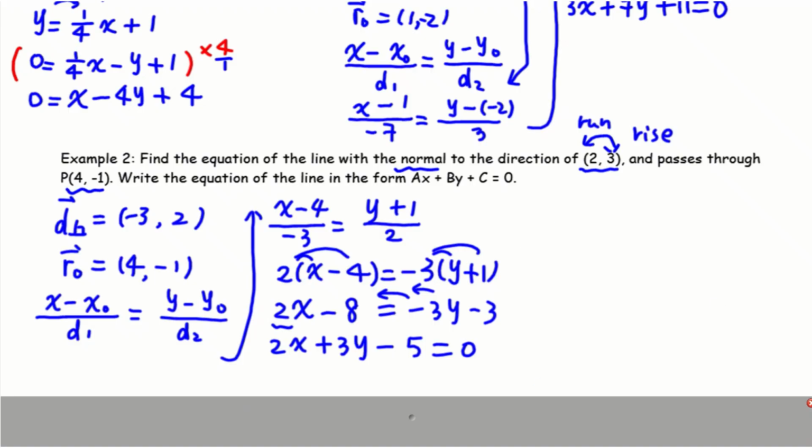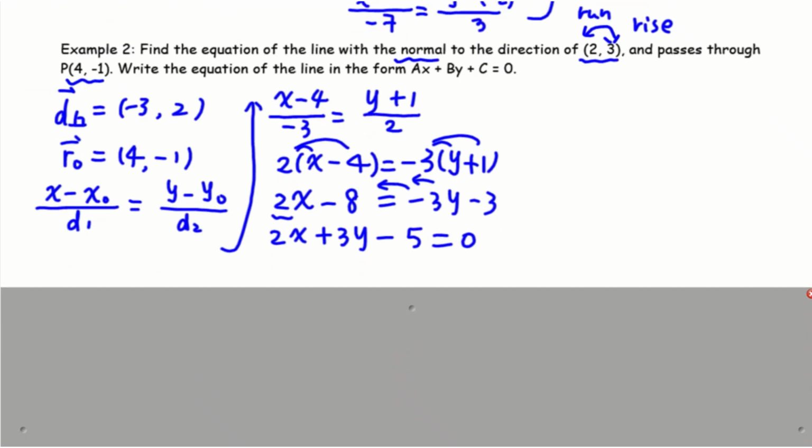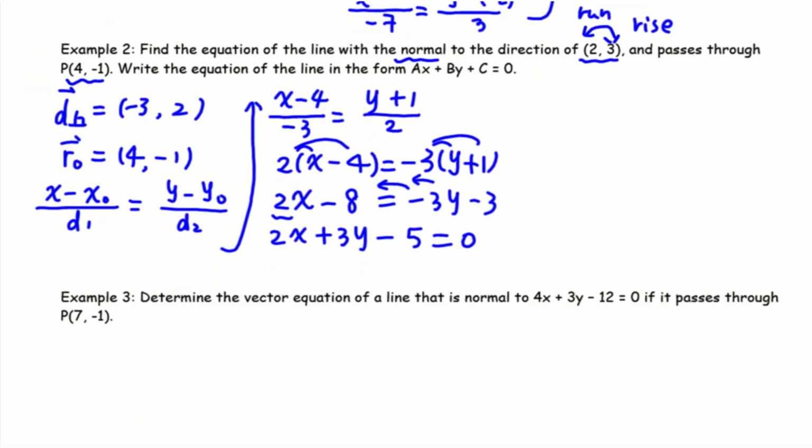Then continue one more practice. Just the practice on finding the normal, which we didn't do in our last lesson. So determine the vector equation that is normal to this equation. This time the direction vector is not given, so we have to find the slope, then from the slope find the normal.